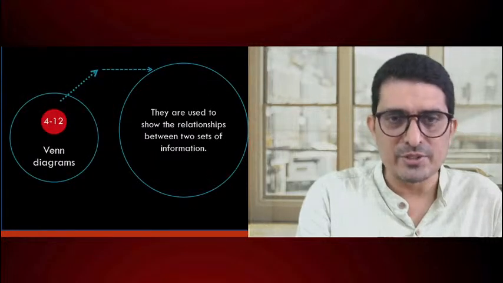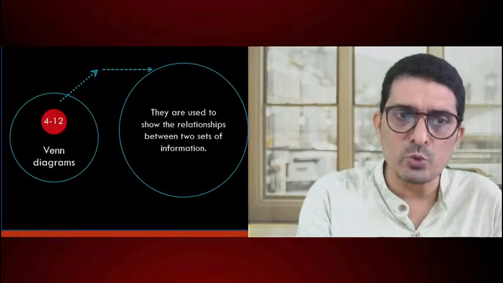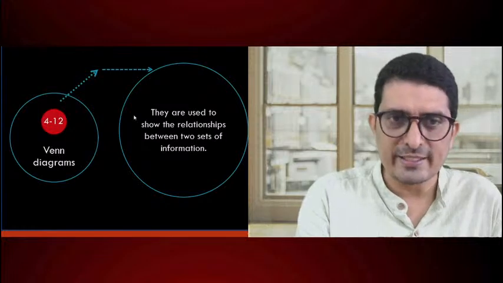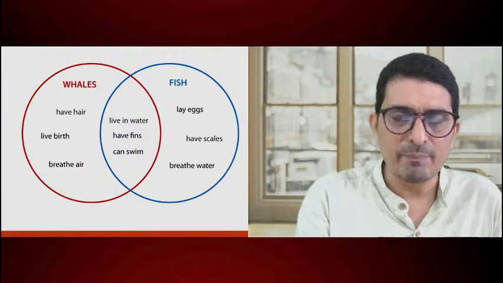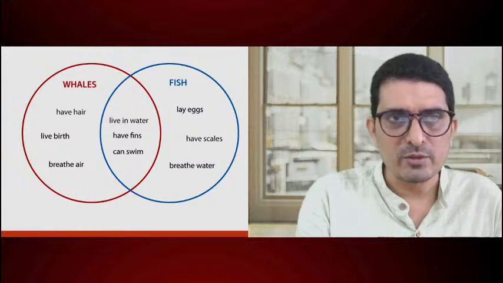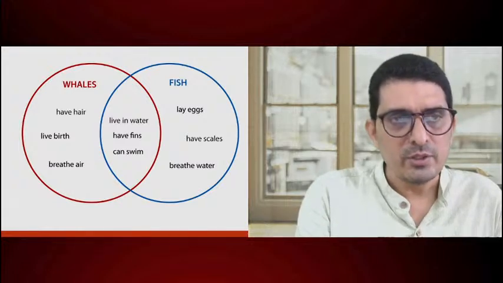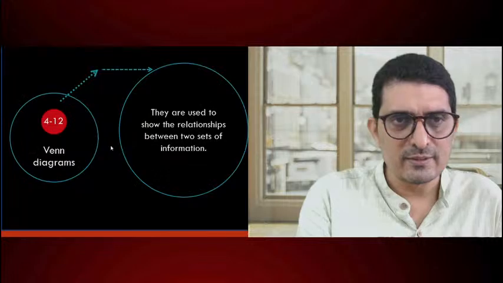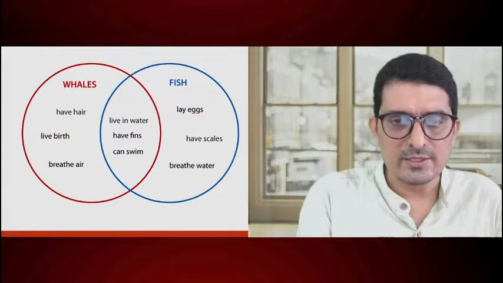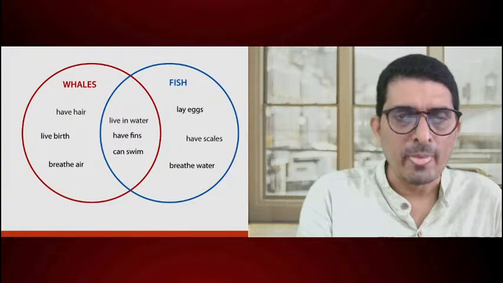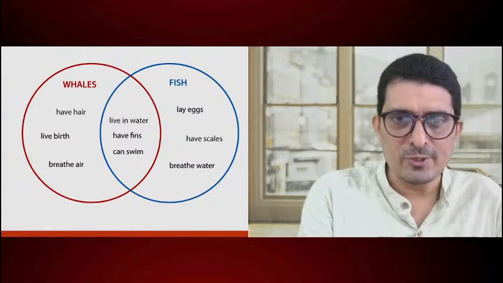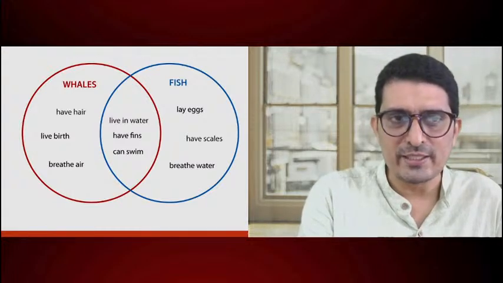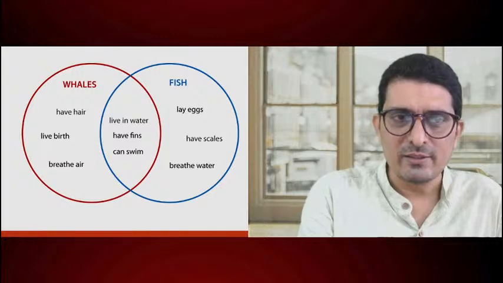Then Venn diagrams, they are used to show the relationship between two sets of information. An example is here. If you look at this Venn diagram, you can see whales and fish. These are exclusive features of whales: have hair, live birth, breathe air.